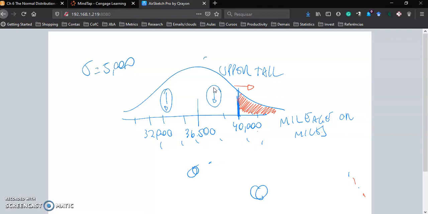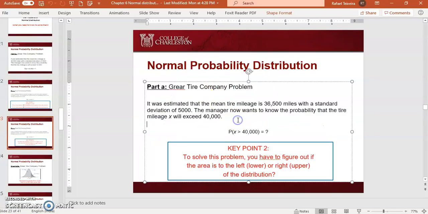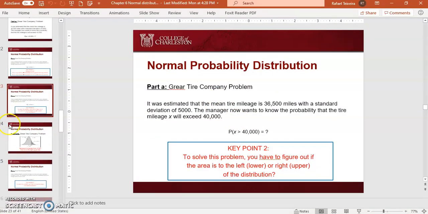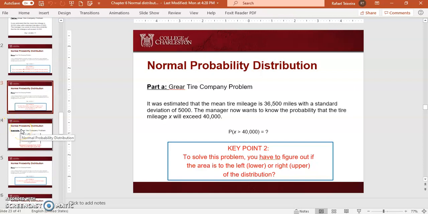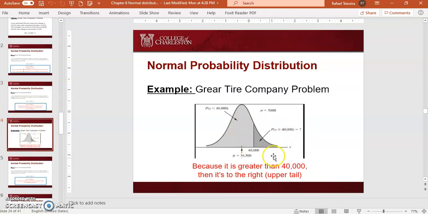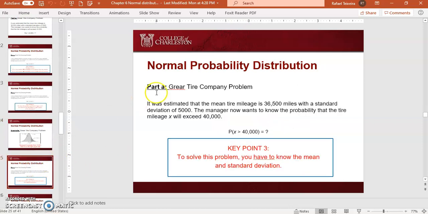I just want you to understand how to proceed when you have a problem in front of you, and what information you have to understand to be able to move on. This is what this figure is talking about. I thought that drawing it live would be easier to understand than this figure here, but it's the same thing.